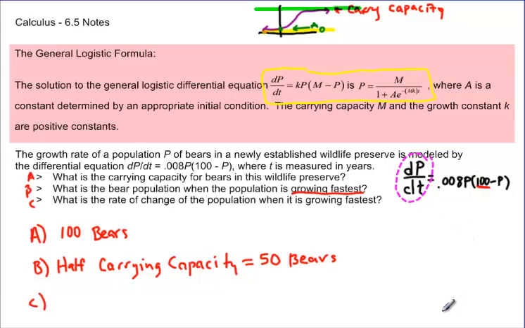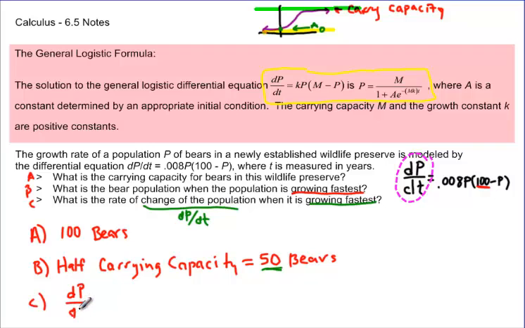And if we know what the population is, which is our P-value, then all we have to do to find that rate of change is substitute what our population at that time is. The question for us is, what is the change of population, which is dP/dt, when it is growing fastest? Well, we figured out that that's going to be at 50 bears.